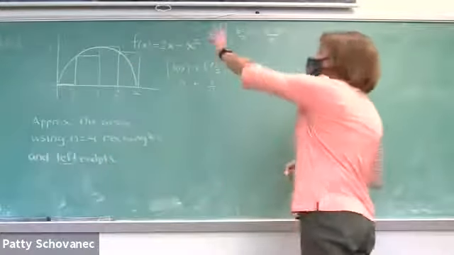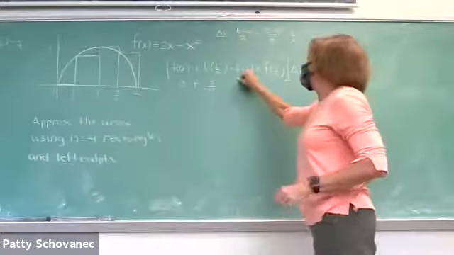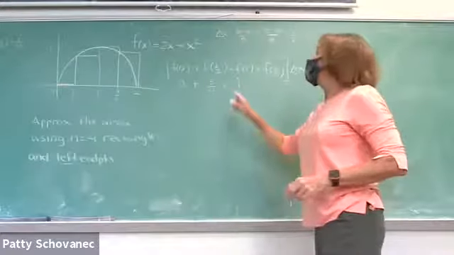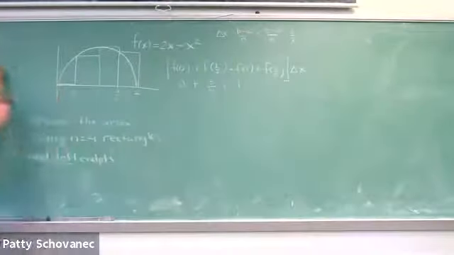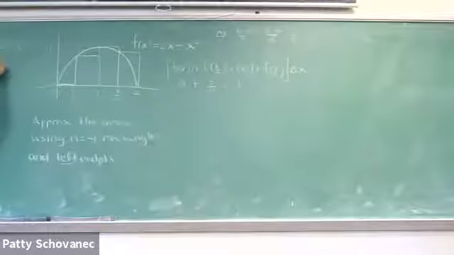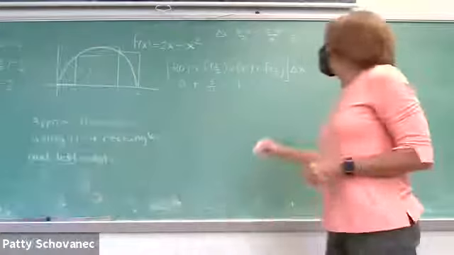F of 1 is going to be 2 minus 1 is just 1. F of 3/2 is 2 times 3/2 minus 9/4. So that's 3 minus 9/4. 3 is 12/4 minus 9/4. That's going to be 3/4 again.